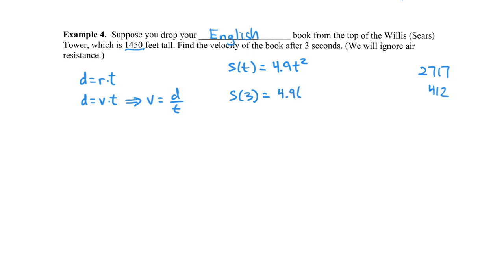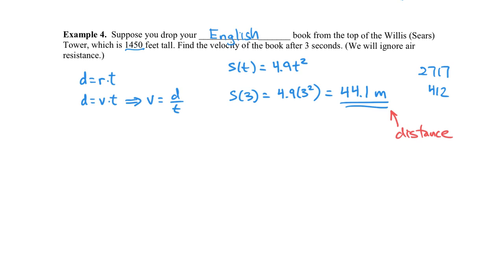So we plug in 3 for t and square that, and if you do the math here, you'll get 44.1 meters. Just remember this is distance, right? The book will have fallen 44.1 meters at that 3 second mark.